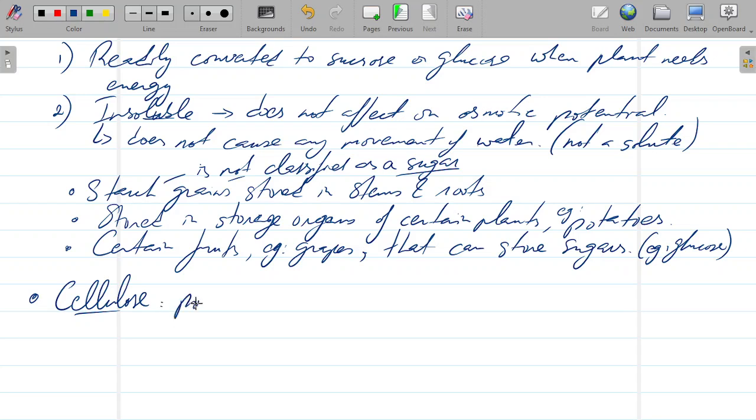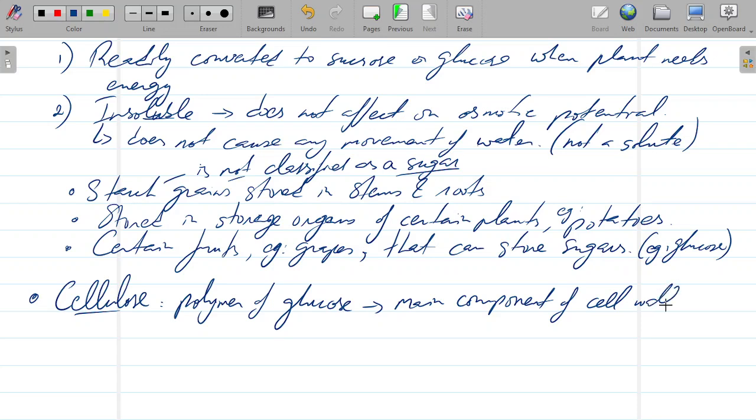Then you put cellulose, right? And we know it is a polymer of glucose, and it is the main component of the cell wall. And we've talked about how important the cell wall is to the plant cell.